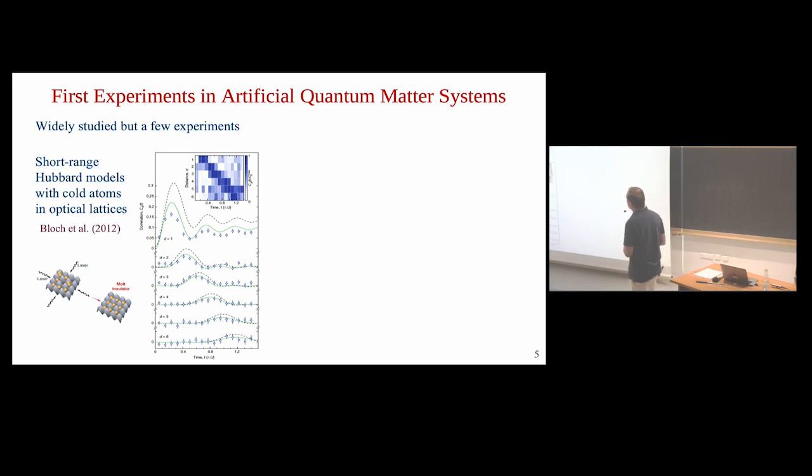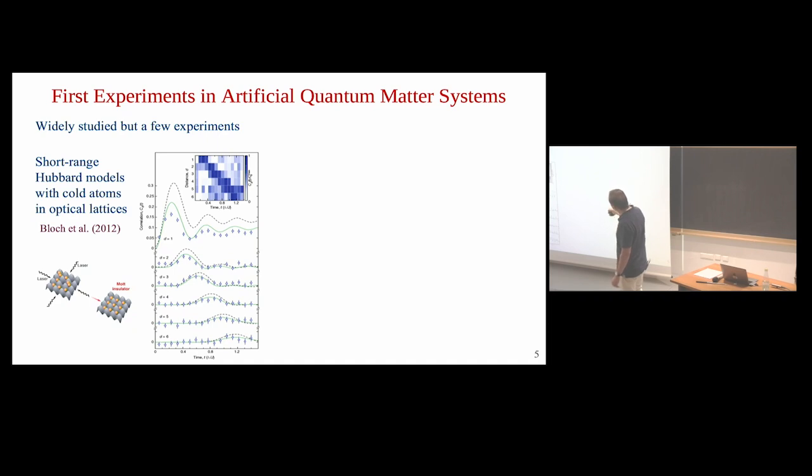the propagation of correlations. One has been realized in the group of Immanuel Bloch quite some time ago, where they realized exactly a Bose-Hubbard model by quenching the amplitude of the potential, and then they measured density-density correlation. So there are some subtleties, but essentially it's this. And this is the correlation function that is measured at different distances as a function of time.